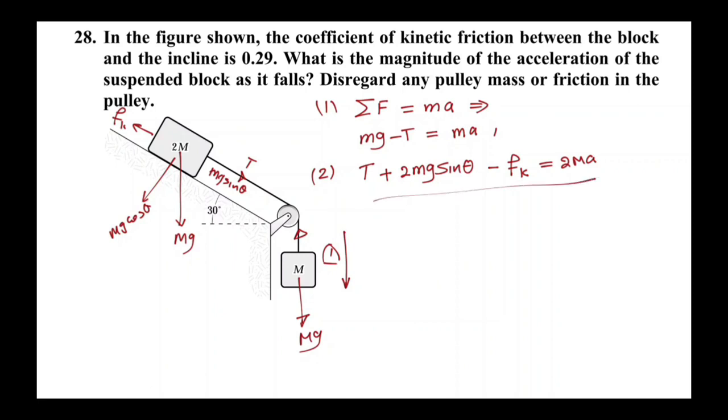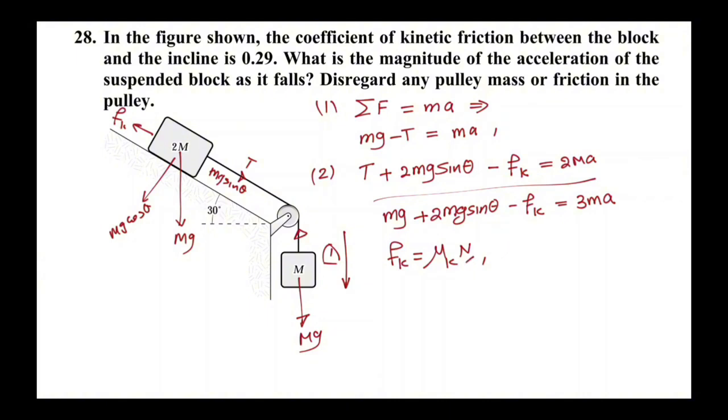You add these two equations, you will get mg plus 2mg sine theta minus fk equal to 3ma, and fk here equal to mu k n.